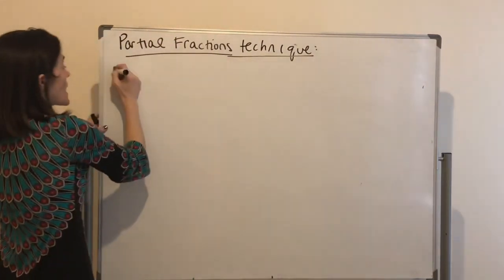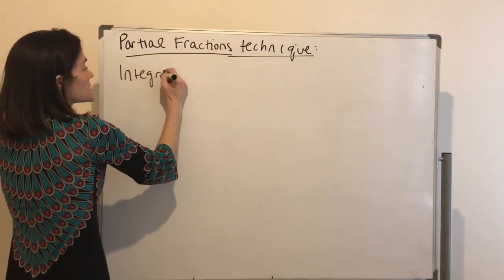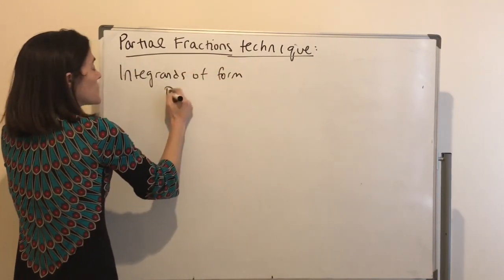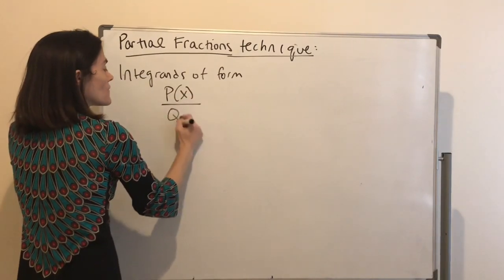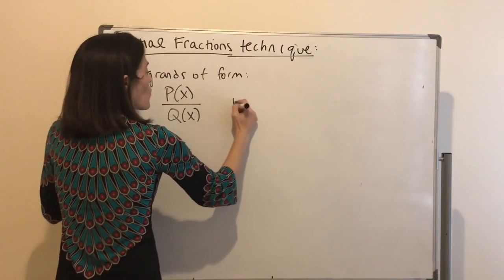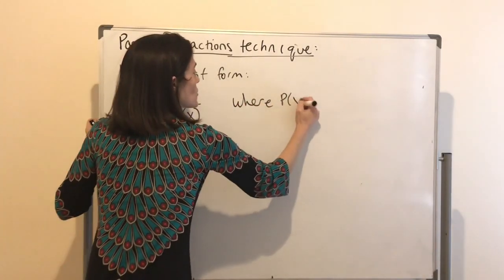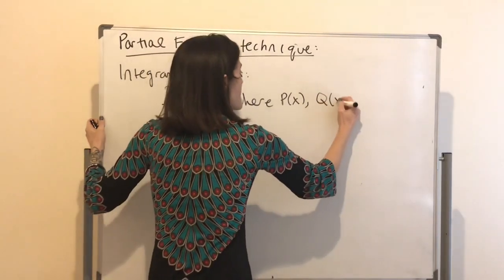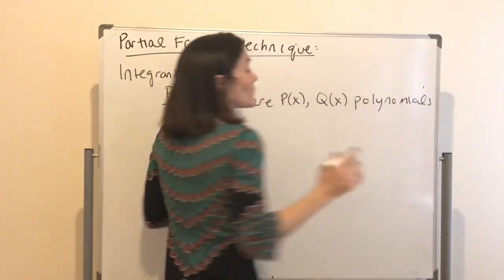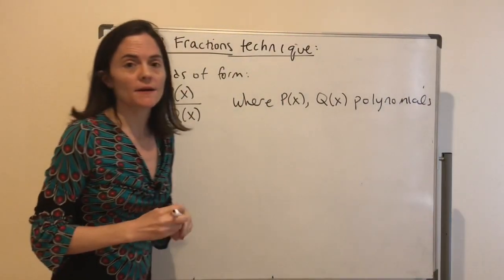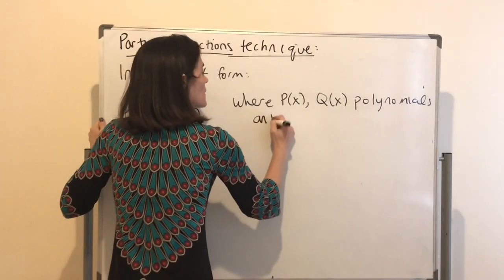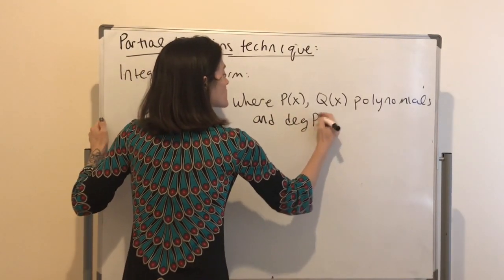We will integrate integrands of the form p of x over q of x, where p of x and q of x are polynomials, and we need that the degree of the numerator p of x is strictly less than the degree of the denominator in order to do partial fractions.